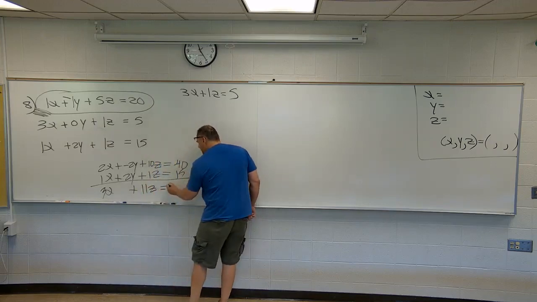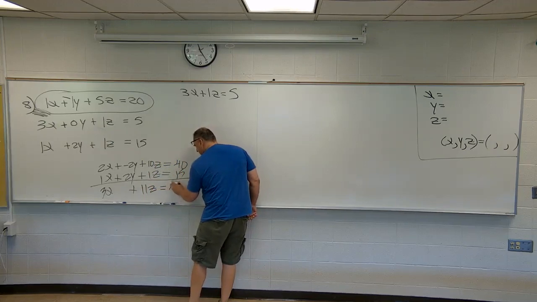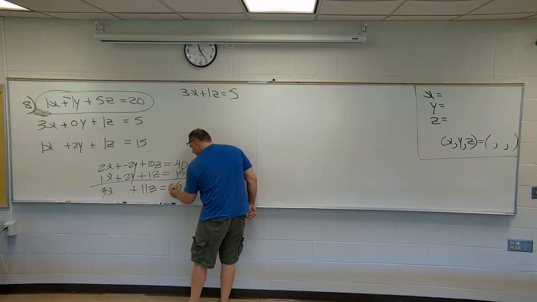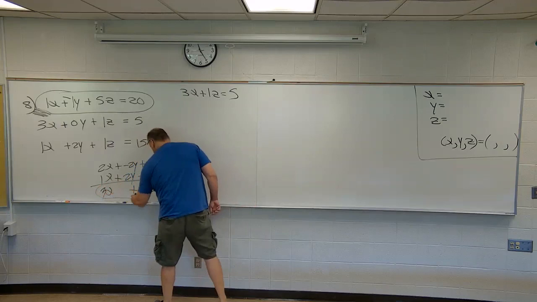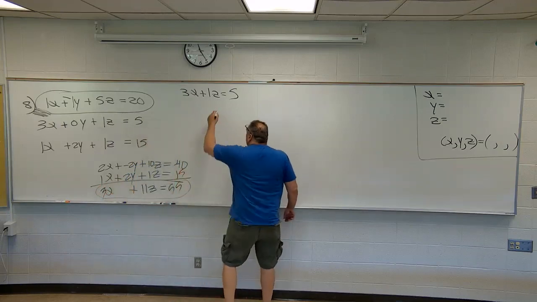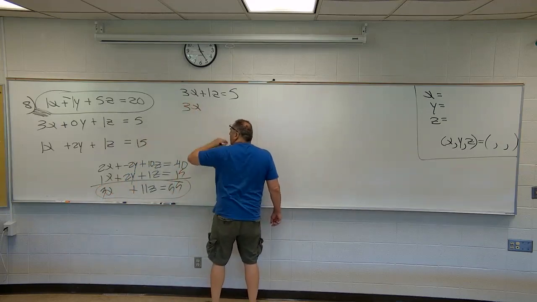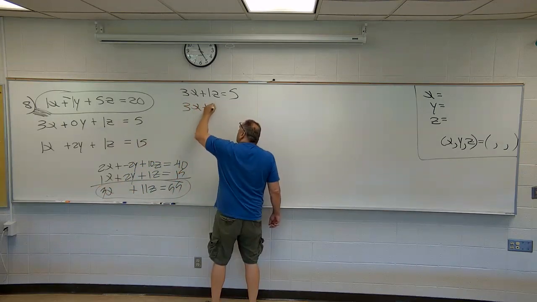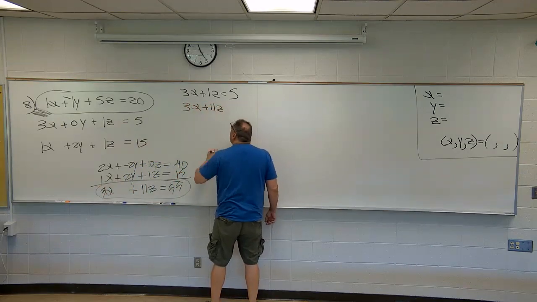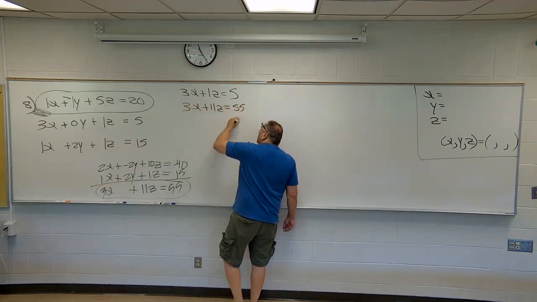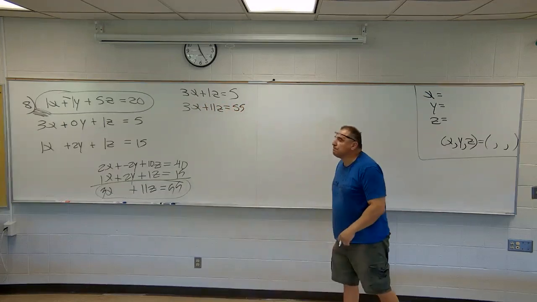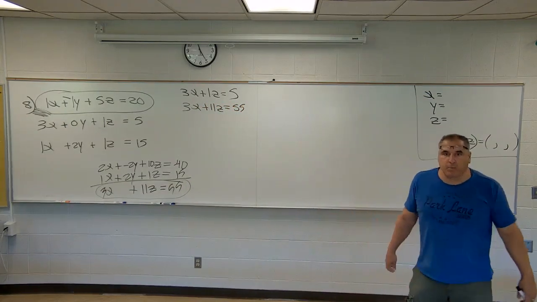What is 40 and 15? 55. Let's put it right here: 3x plus 11z equals 55.